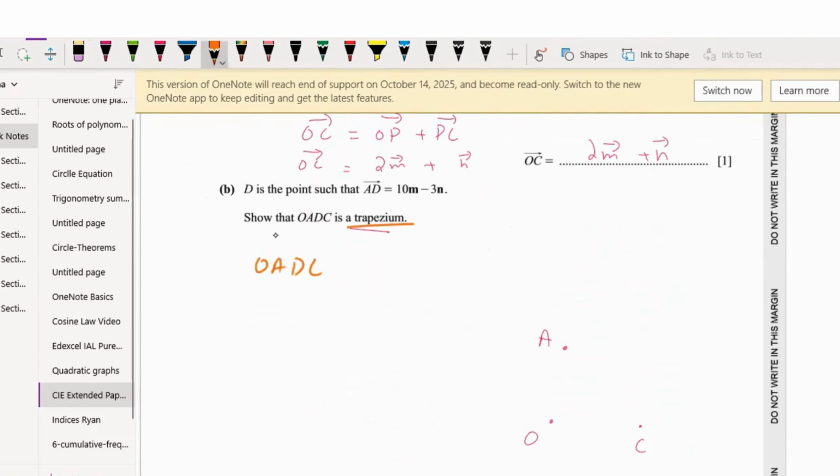In a trapezium, you make sure you get a pair of parallel lines, okay? So I believe D should be somewhere here if I want to make it a trapezium, okay? Because you will notice if I'll be joining O with C and C with D, okay?